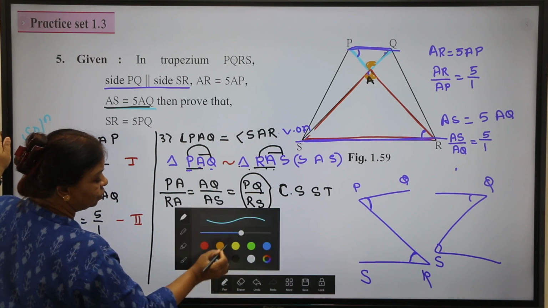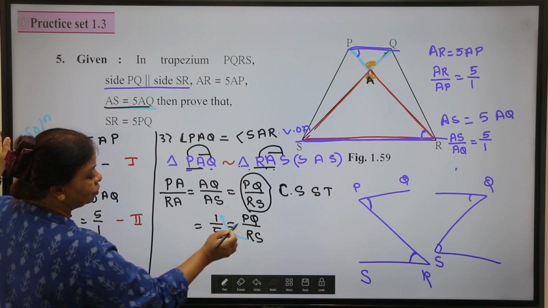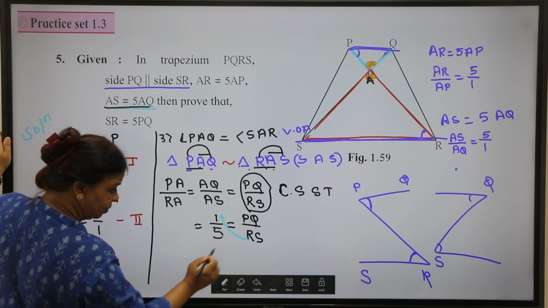Now PQ will move, RS will go with 1 and PQ will go with phi. Phi will go with PQ.